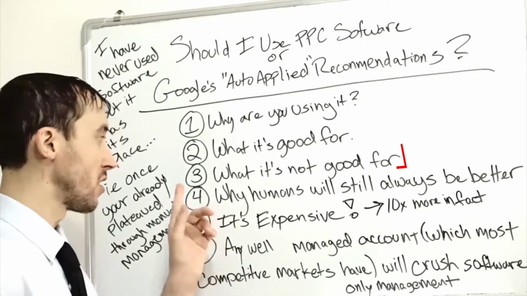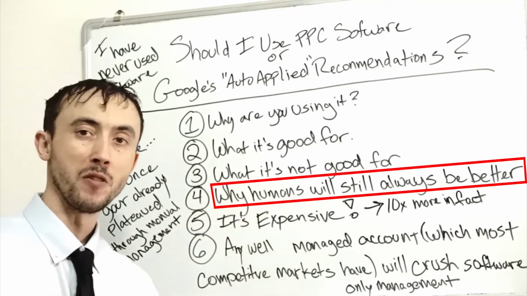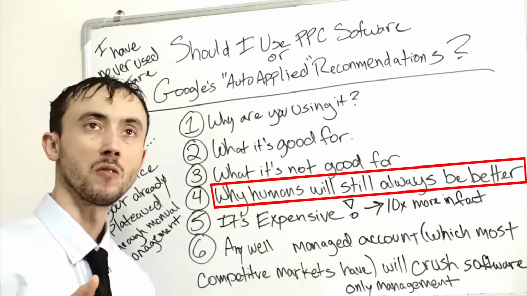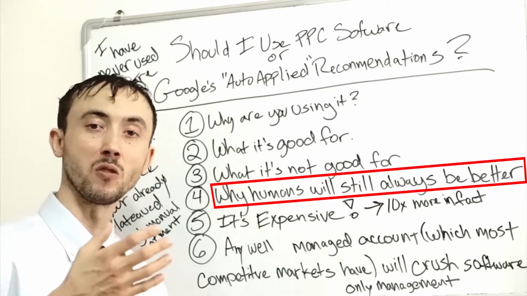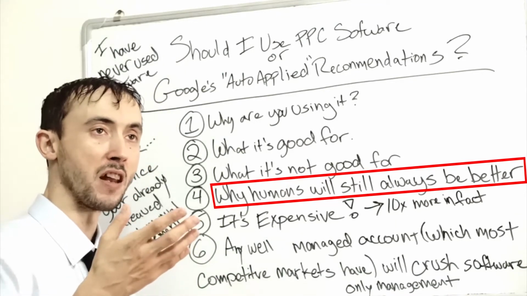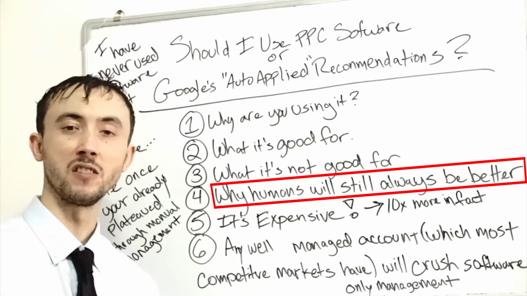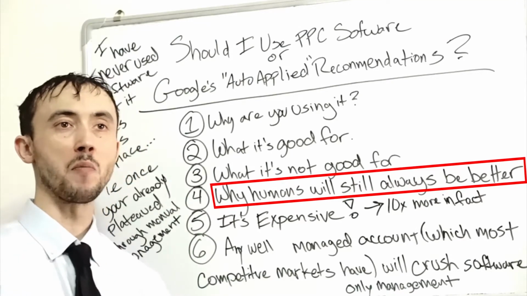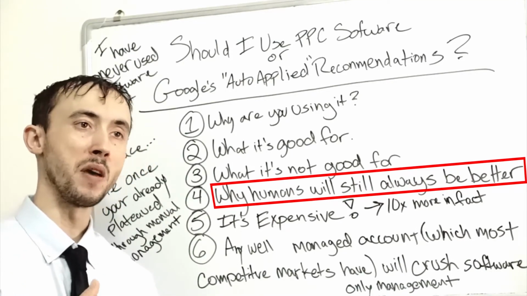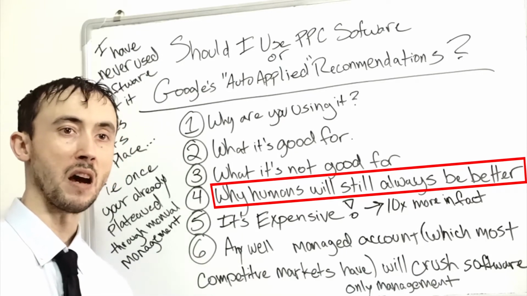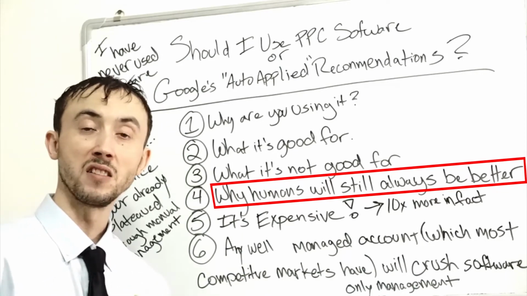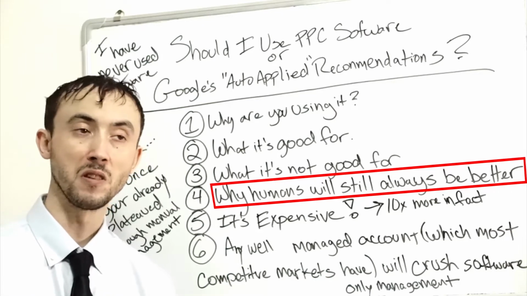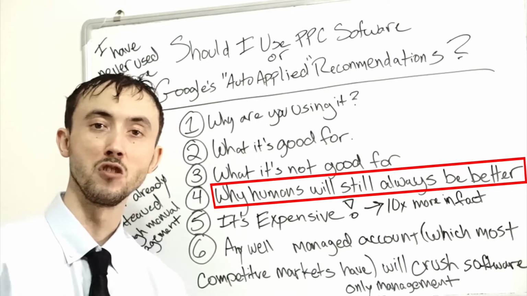And with that said, basically taking that one step further, humans, or yourself, will be able to manage your account better than the software will, because the software can't pick up the small nuances about what makes your business unique, specifically the products and services that you offer and the unique value proposition you bring.